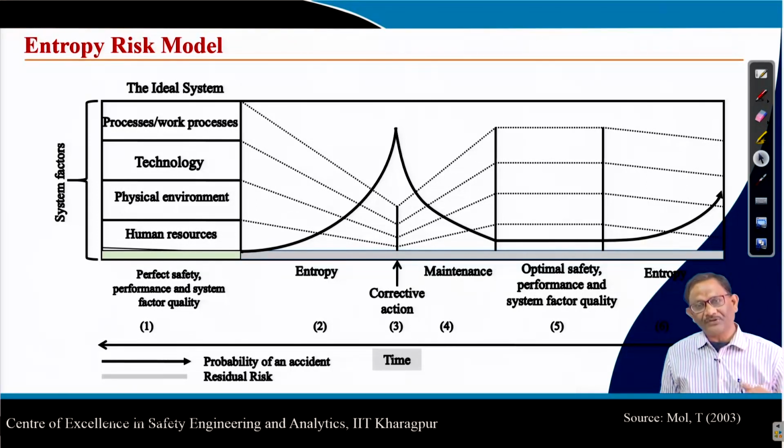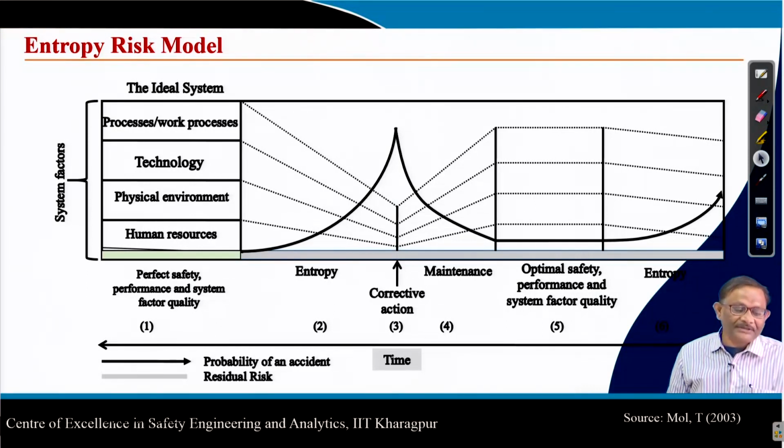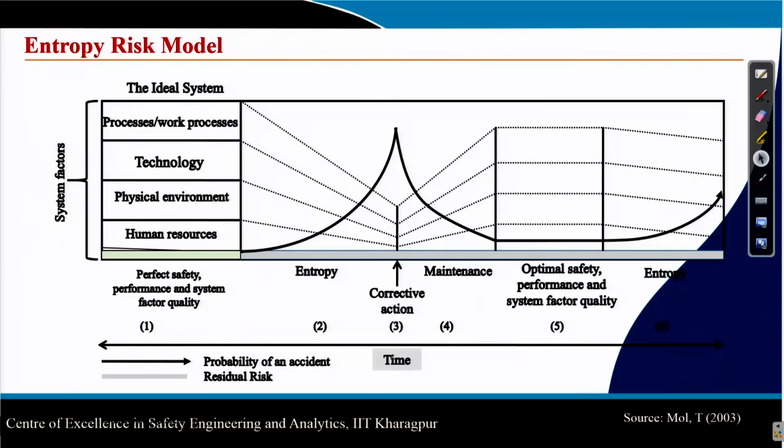And those wrong things actually happen for the different system items. For example, if you consider any system, be it a machine, a facility, or a plant, you will find that you are using certain technology, and then there is the physical environment, and then certain processes and operating procedures you are following, and obviously competent human resources are working there.